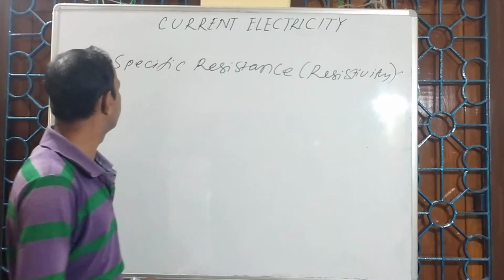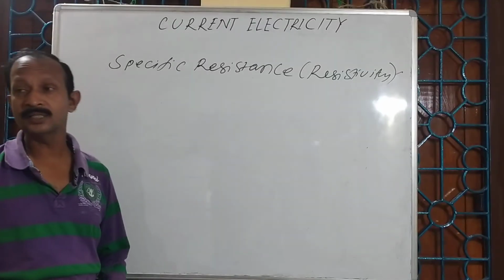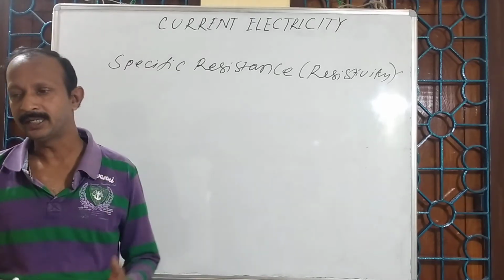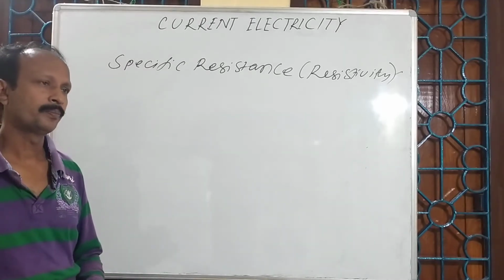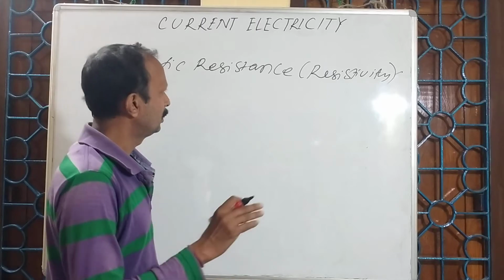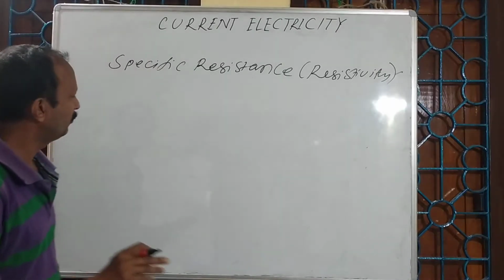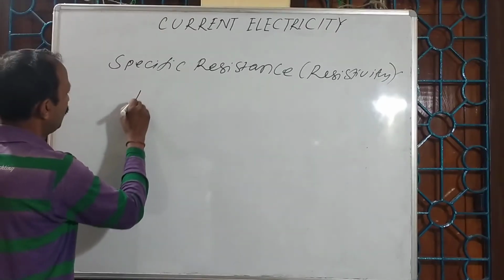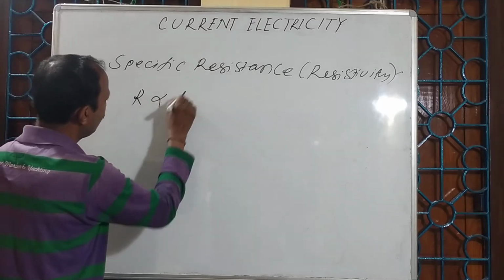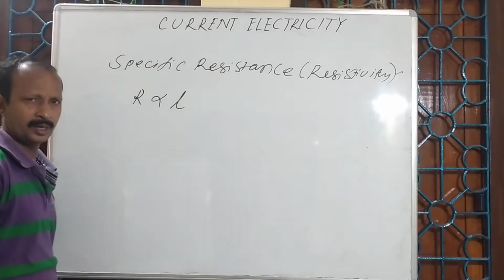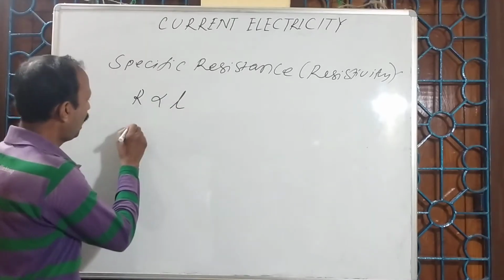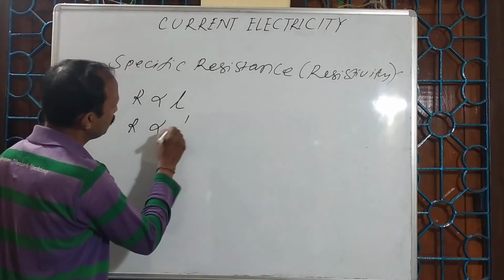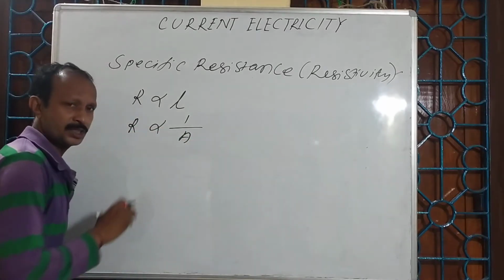Let us come to the topic. Specific resistance or resistivity. Experimentally, we found that R is proportional to L. As I said, R is inversely proportional to area of cross section.